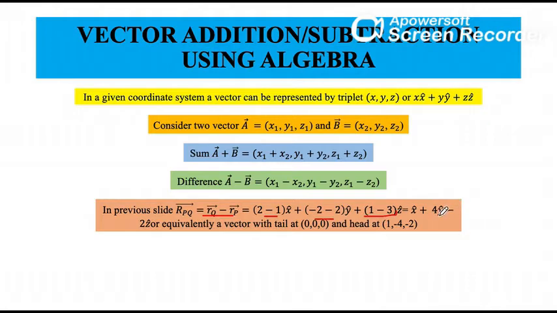So you are going to get x hat minus 4y hat minus 2z hat.